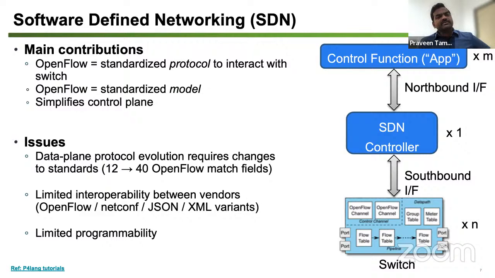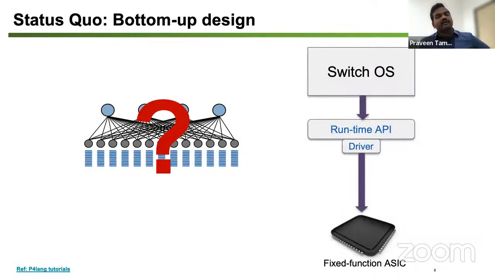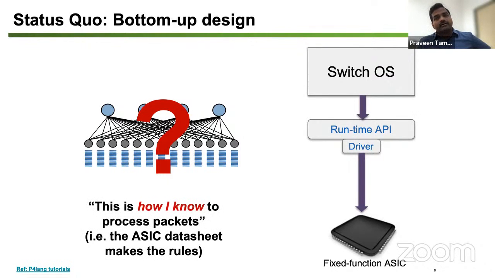So given these issues, this led to the rise of P4. But before that, I'd like to motivate the design philosophy with an example. Imagine that you're building a network system, and you have certain requirements, and you're expecting some features to be supported by the switch ASIC. The first thing you do is go to the market and see which switch ASIC is suitable for my requirements, by looking at the spec that is written in English.